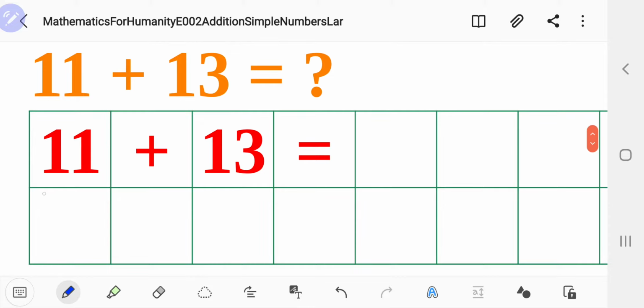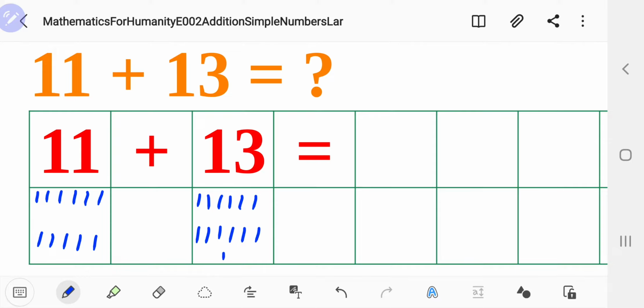Here you have 11 dots. Here you have 13 dots.